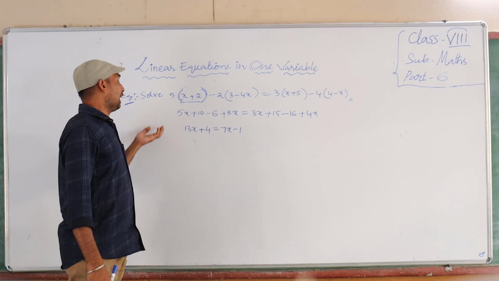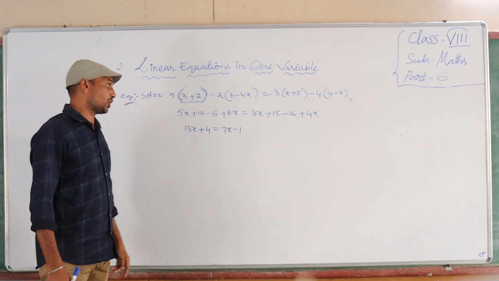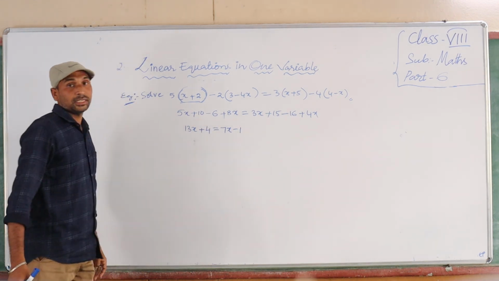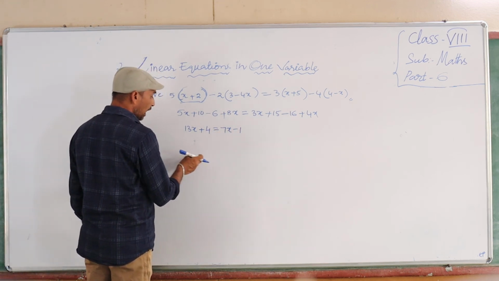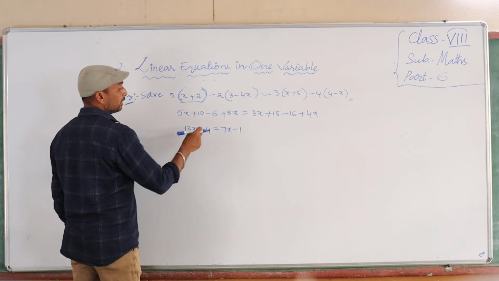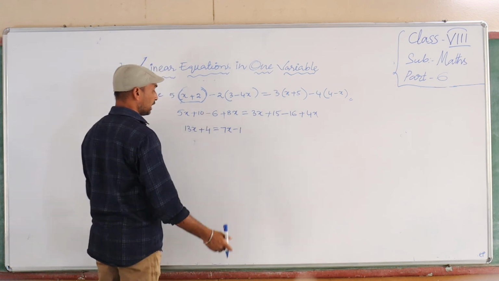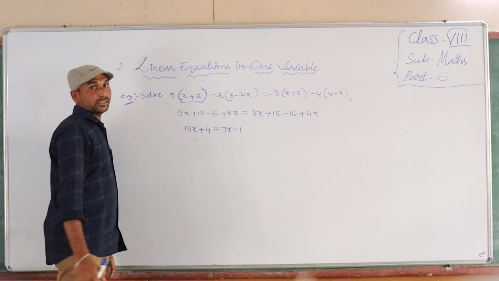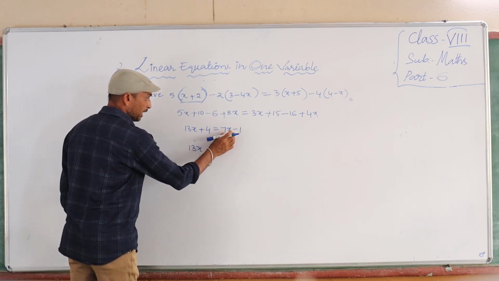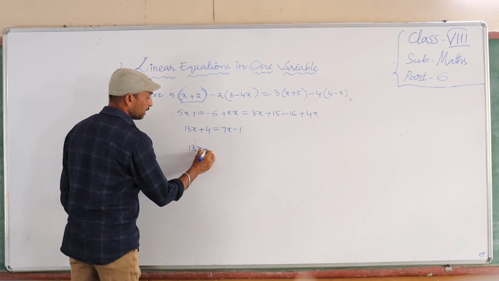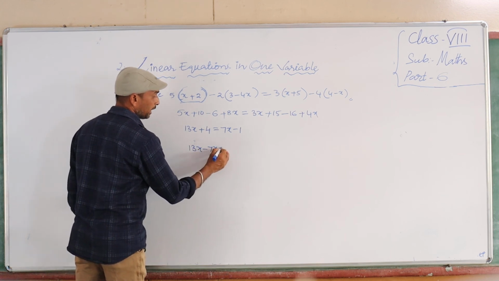Like we got in the previous question, both sides we are having variable. So that's why this 7x I am taking to the left side, and this 4 I am transposing to the right side because it is a constant. So 13x, this plus 7x comes to the left side, becomes minus 7x.